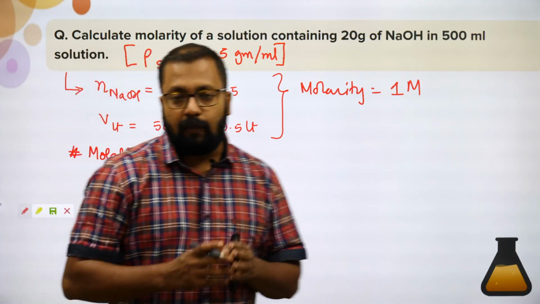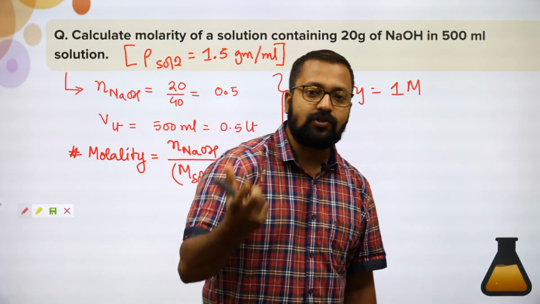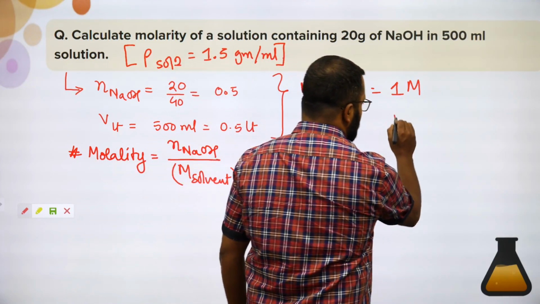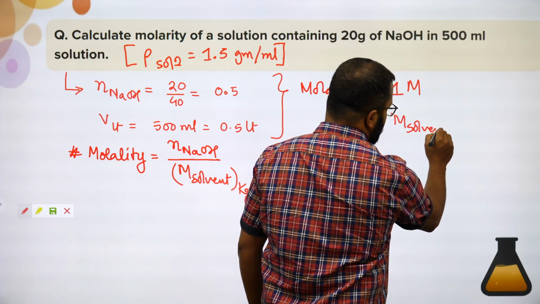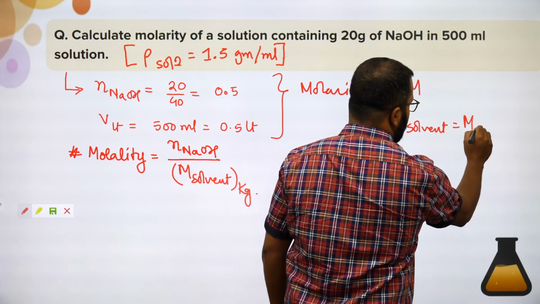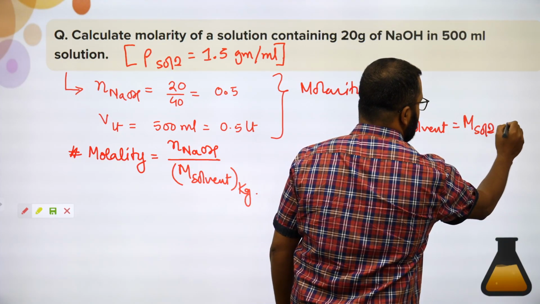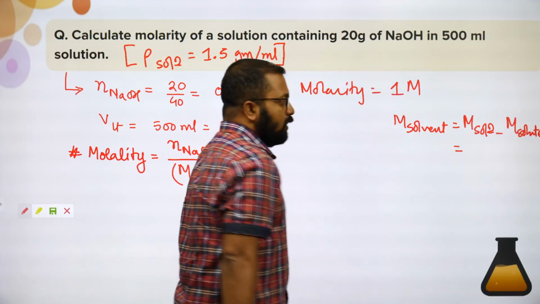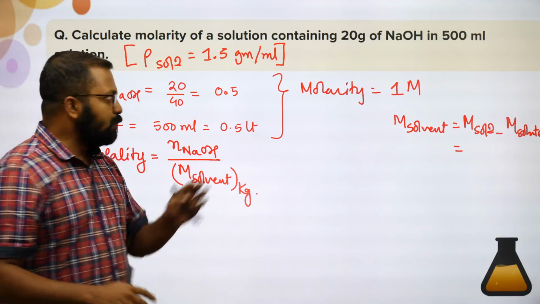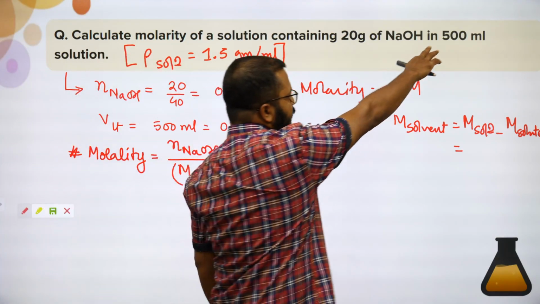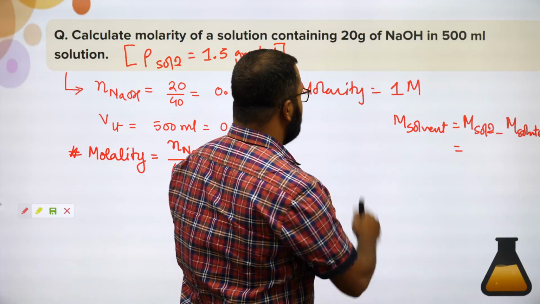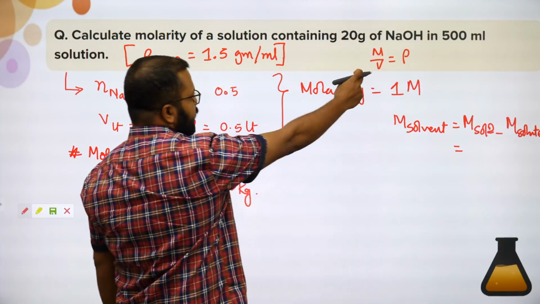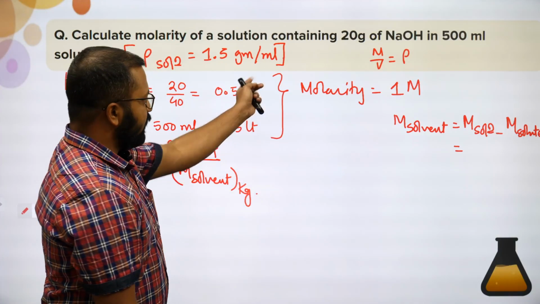Now, how do I calculate the mass of solvent in kgs? I take the mass of solution and subtract the mass of solute. So I'll write over here, mass of solvent is nothing but mass of solution minus mass of solute. What is the mass of solution? Volume of solution is 500 ml. Density is given. So mass per unit volume is density. So density times volume gives us the mass.